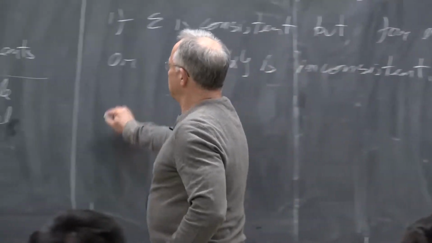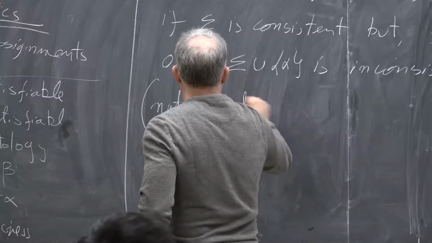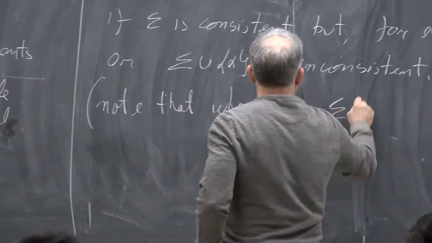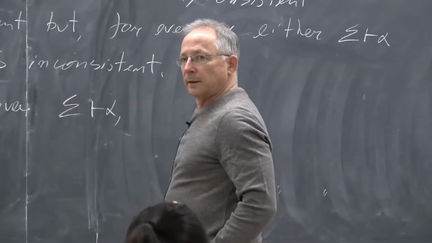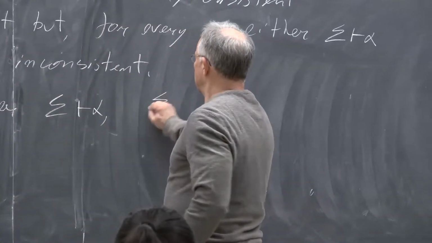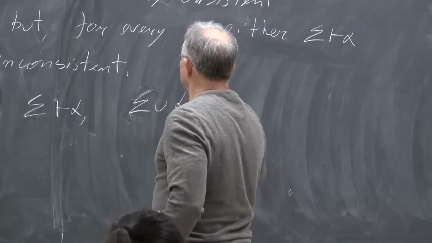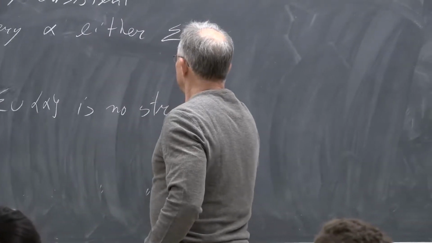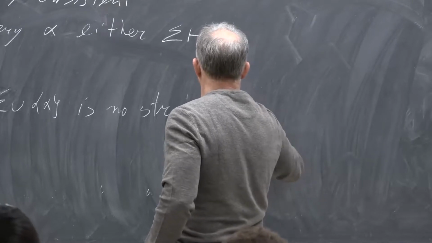So just note that whenever sigma proves alpha, sigma union alpha is no stronger than sigma.